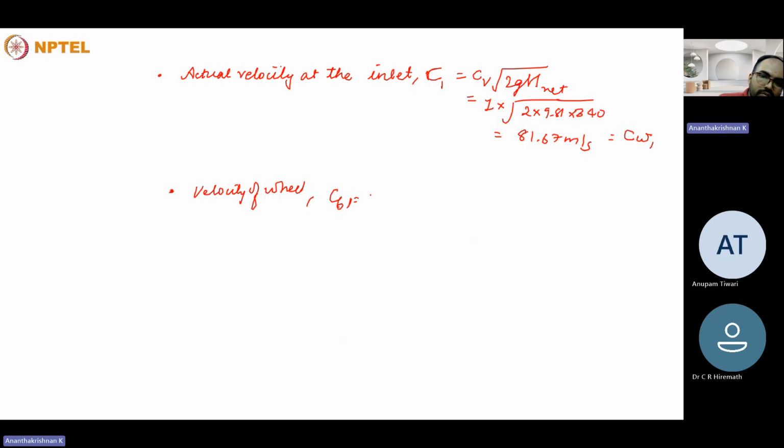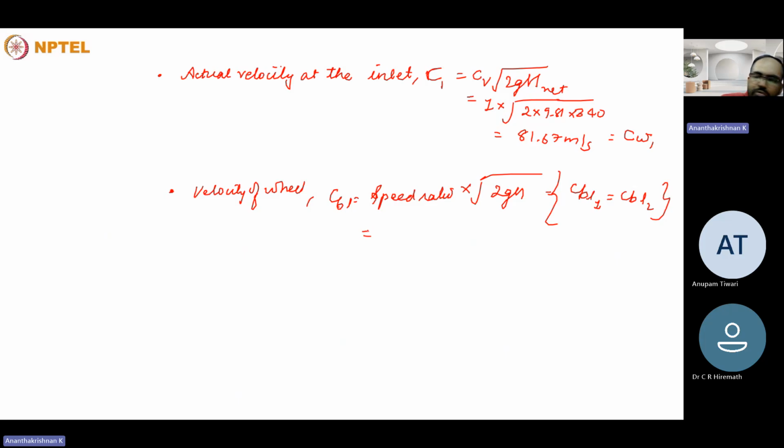That will be equal to the speed ratio. Just like the previous case where we used the coefficient of velocity, we use root of 2gh into speed ratio to get the blade velocity component. And this blade velocity will be the same at the inlet and the exit, since nothing else is given.